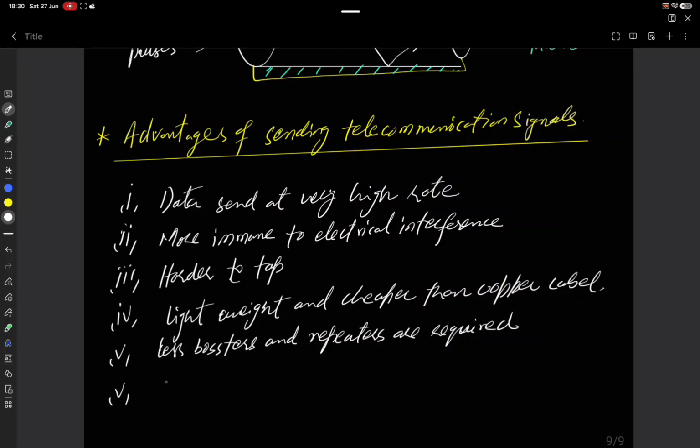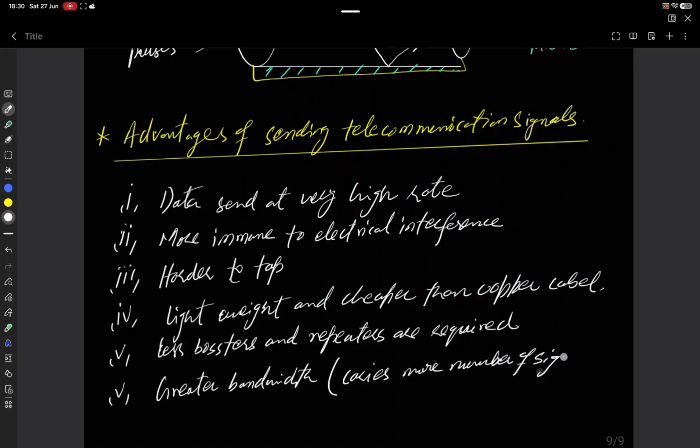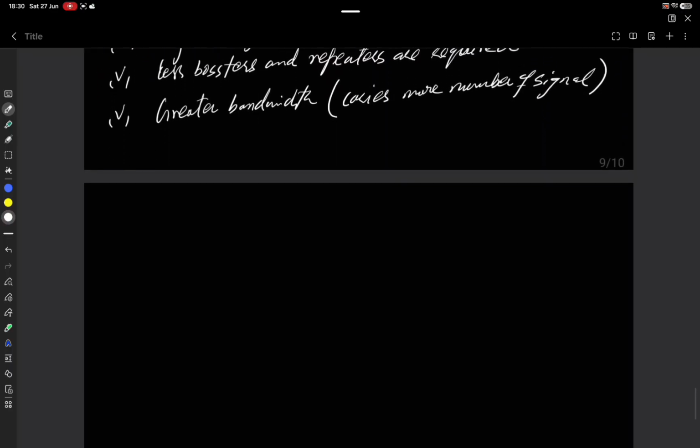So data is sent at greater bandwidth, and greater bandwidth carries more number of signals. So this is the advantage of telecommunication signals as compared to the copper cable.